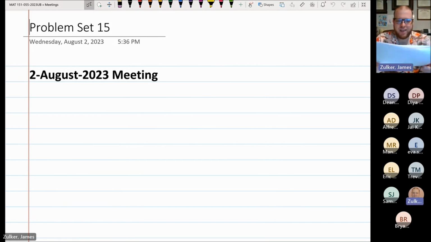So we finished up with derivatives last time, and we're now going to look at their applications. Tonight, we look at related rates. Related rates are just problems in which variables and their rates of change are related to each other.